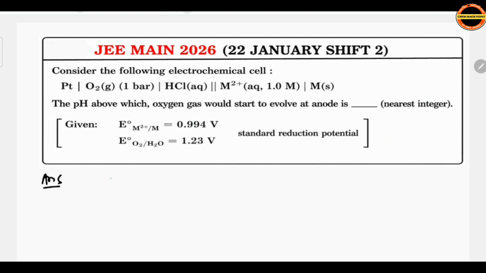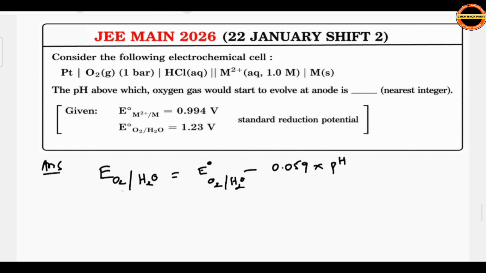So the potential of the oxygen electrode, O2 to H2O, we can write as E0 of O2/H2O minus 0.059 into pH. We calculate the H plus ion concentration and convert it into pH.